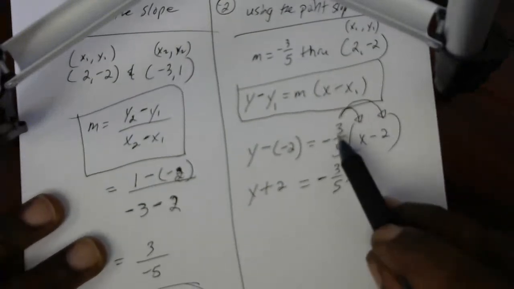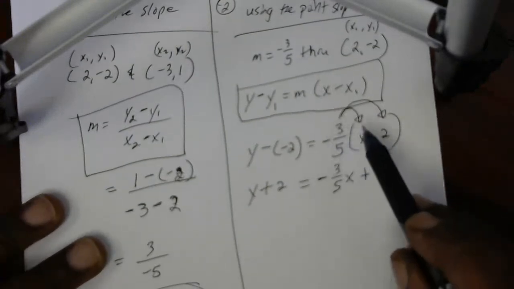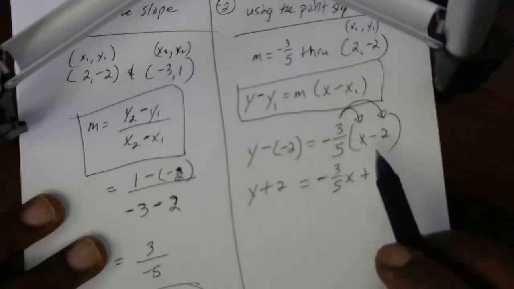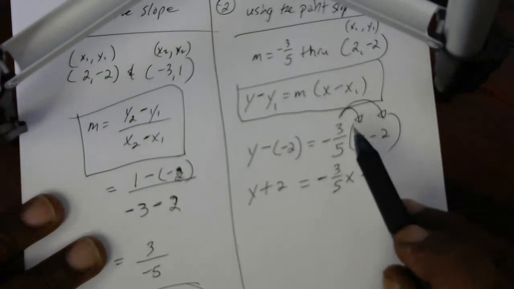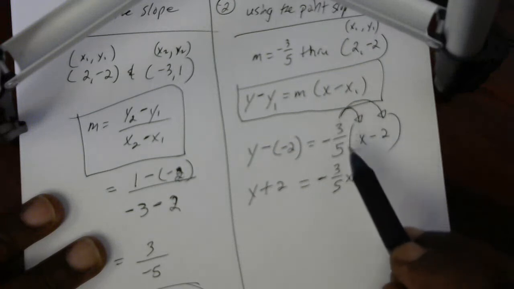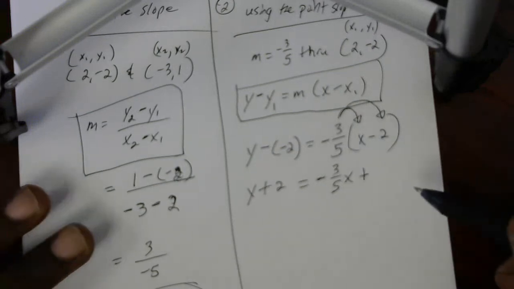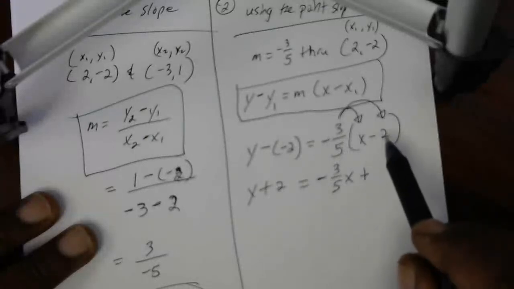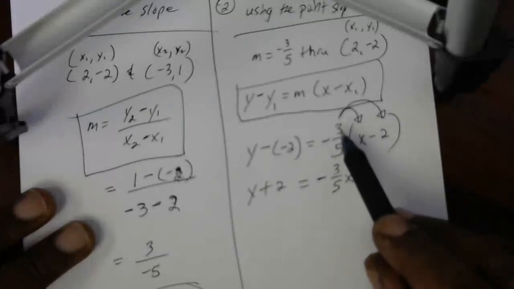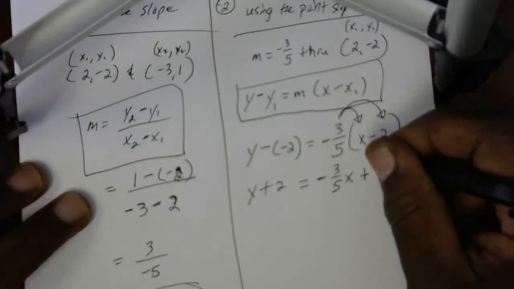When you multiply a whole number times a fraction, you can multiply your whole number by your numerator only and keep your denominator. So a negative times a negative is a positive. I can multiply 2 times 3 to get 6/5.